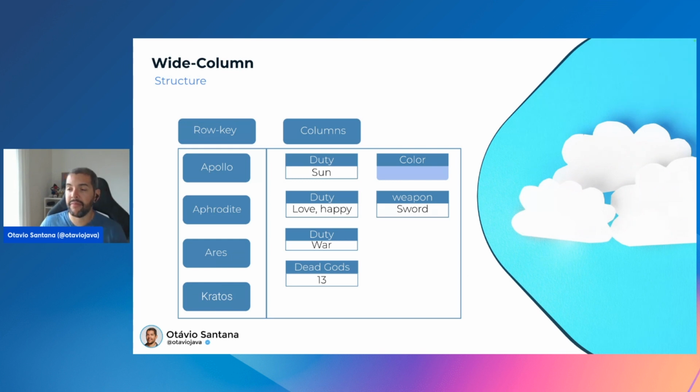Aphrodite, the key, I have 2 pieces of information, 2 columns, one with love and happy, and weapon that has sword, and so on, right? So I have my key, I have my information in small pieces called columns, and each column has the name and the information itself.